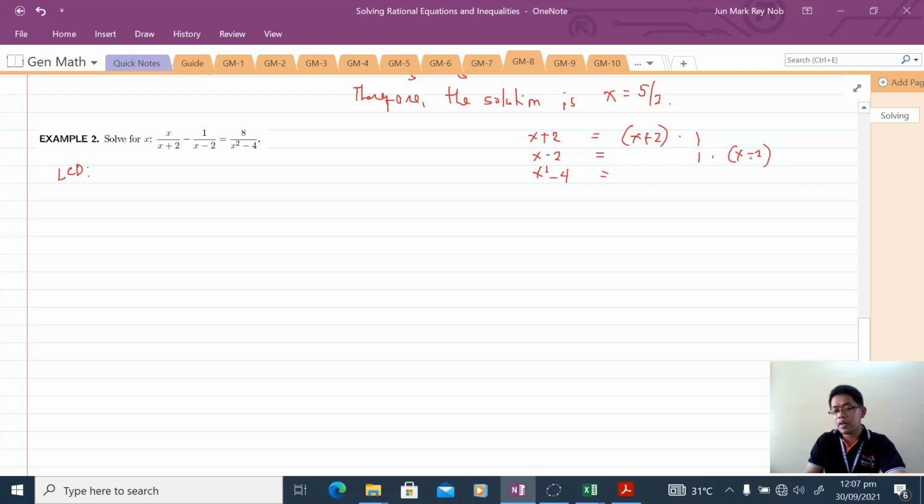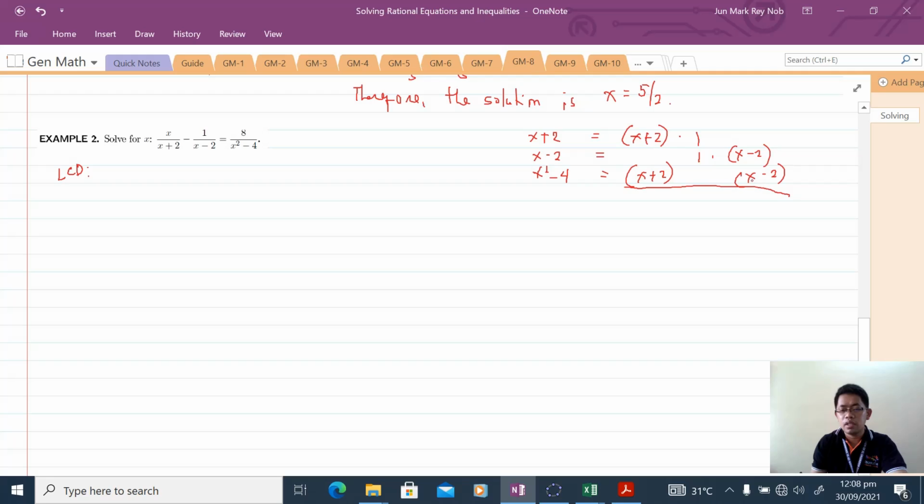The factors of x squared minus 4: this is a difference of two squares, and from junior high school we know that the factors are x plus 2 and x minus 2. So x plus 2 times x minus 2 gives us x squared minus 4.